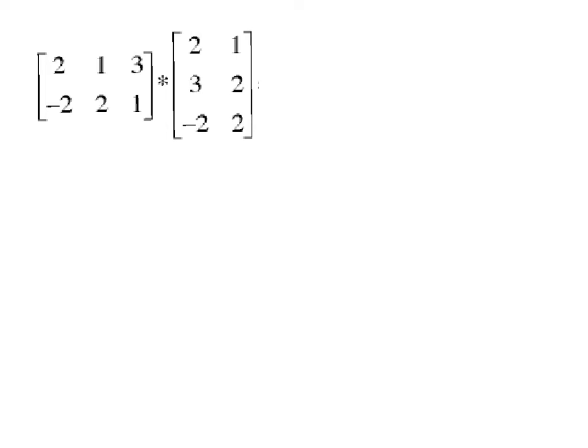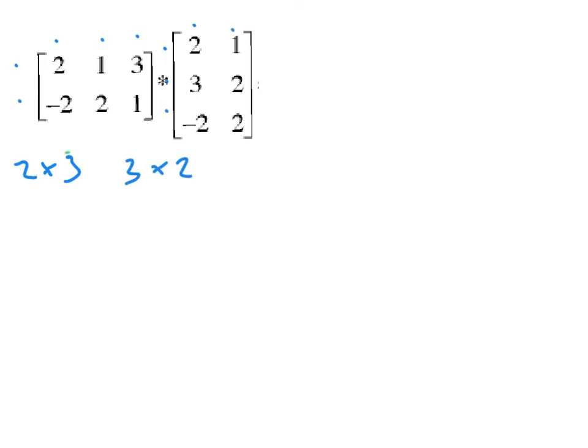All right, last one. So check out the dimensions of the matrices, see if they line up, see if you can multiply it if you can. So there's 2 rows by 3 columns. That's your first matrix. Second matrix is 3 rows by 2 columns.